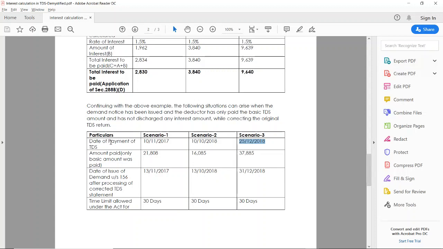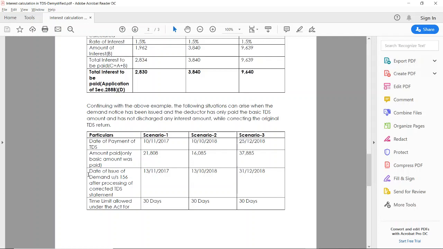Therefore, remember, unlike your normal regular return of income, where it takes around 3 to 4 months for processing, TDS returns get processed very quickly. Sometimes it will be processed within a day, and you will end up facing a demand as well.